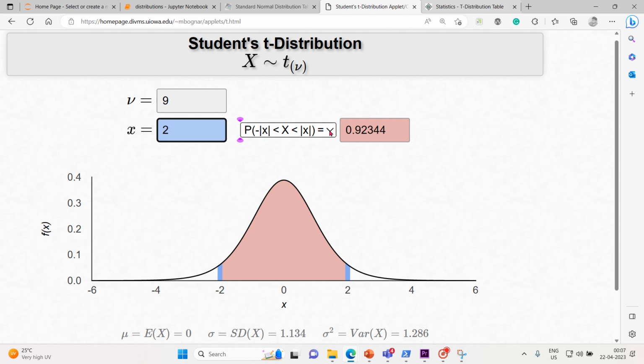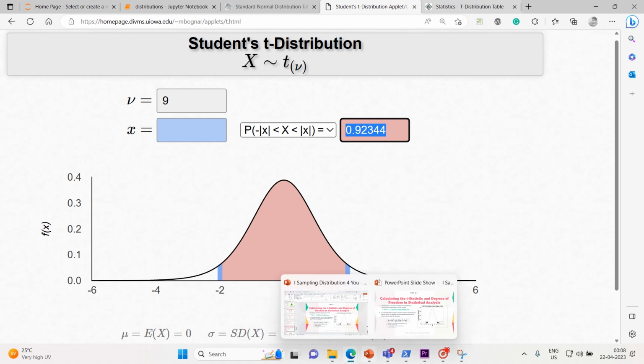I just want this portion from here, it's 0.03828, and if I give 2 and put it into this one, you see 0.92, so in total 0.92 is covered here. That's our student t distribution.